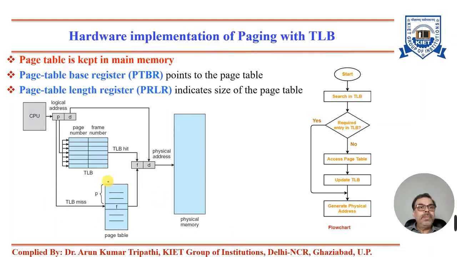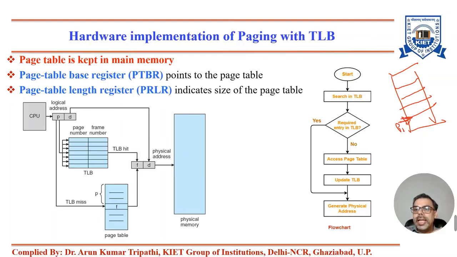And the page table base register, PTBR, points to the initial position of the page table. For example, this is the memory, and these are the spaces of frames, and the page table for process P1 resides here.